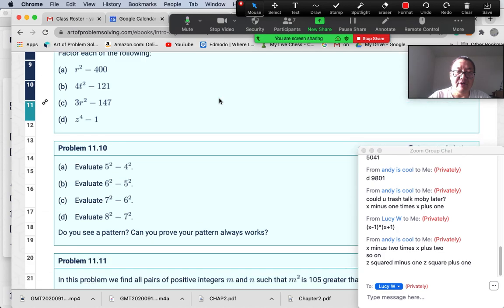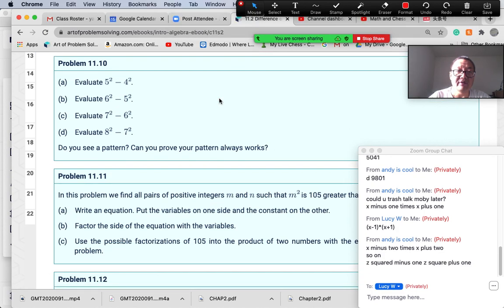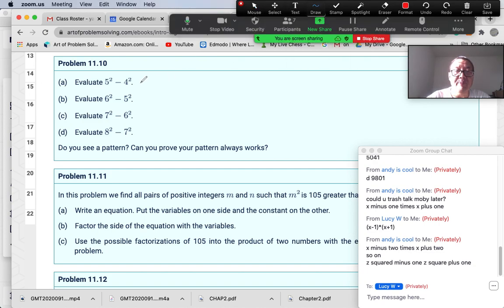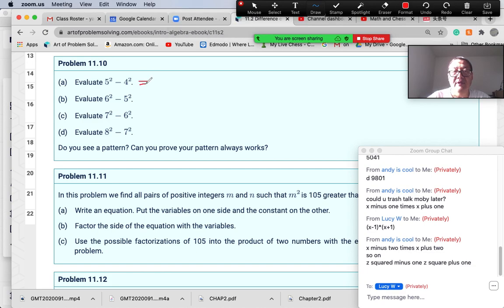Now let's go to the next problem, 11.10. We can use this factoring to help us calculate these numbers faster. If you don't factor, you need to calculate 5 squared, that's 25, then minus 4 squared, 16. Right?